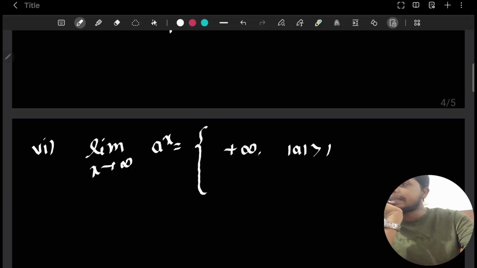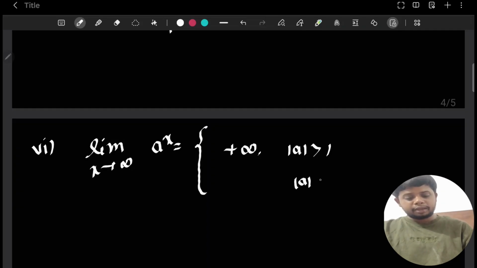That means if I take the exponent as big as possible, a power x will tend to infinity. So if mod a is less than 1, we'll get the answer 0.